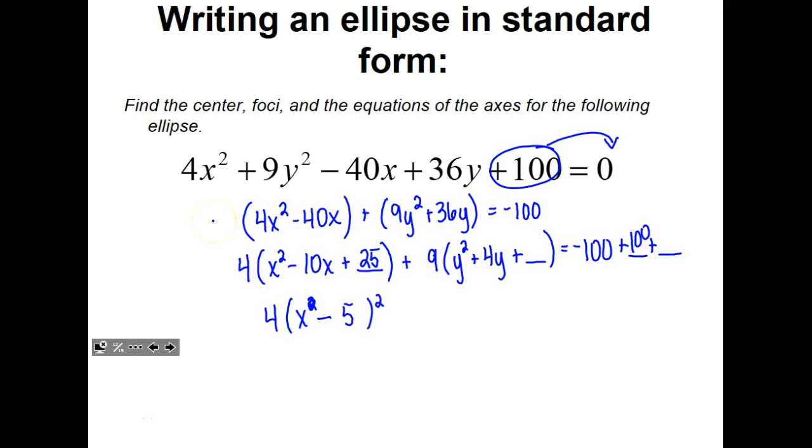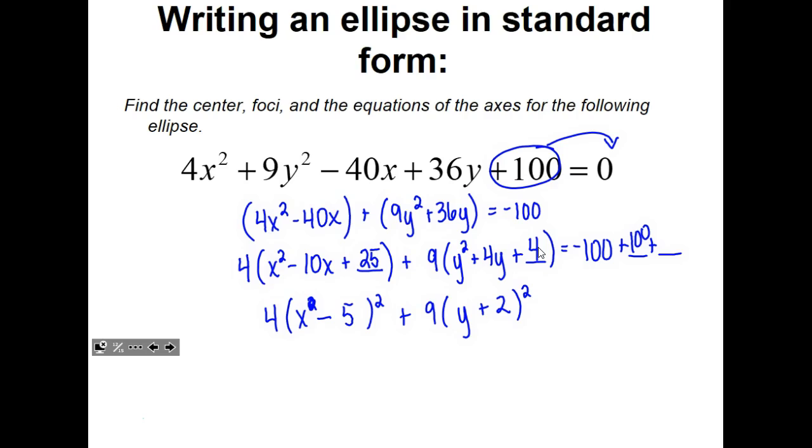We didn't have to do that with the circles because we did not have a number outside of our parentheses. In our circles, we could just divide the number off. So we're going to do the same thing over here. We're going to have y plus something squared. This number here is going to be 4 divided by 2, which gives us 2. And then 2 squared is 4, so we put the 4 in the blank.